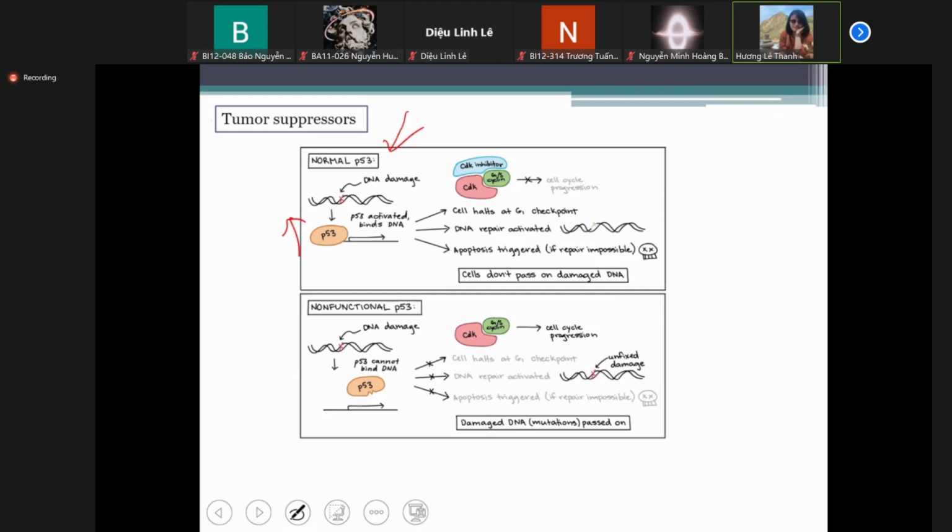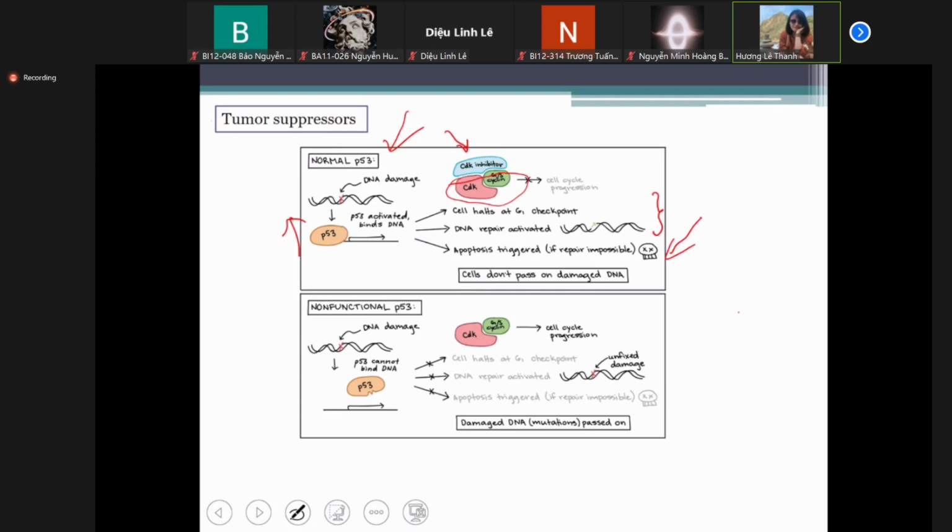The cell cannot pass through the checkpoint, or they can create CDK inhibitors to inhibit the positive regulators, and then they increase the levels of DNA repair enzymes. And if the DNA is unfixable, they will trigger the cell to undergo apoptosis.